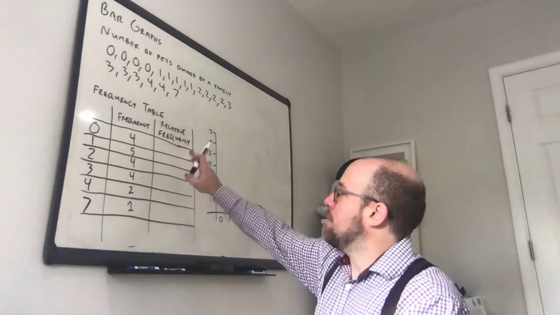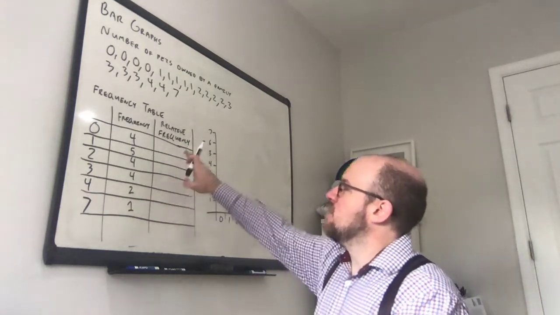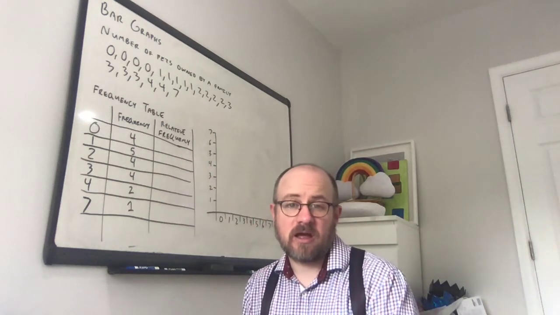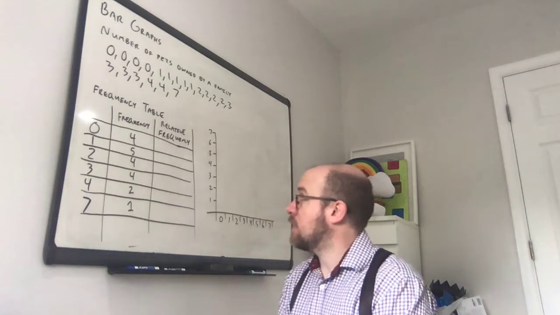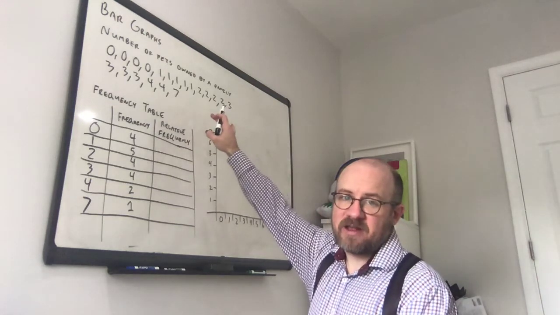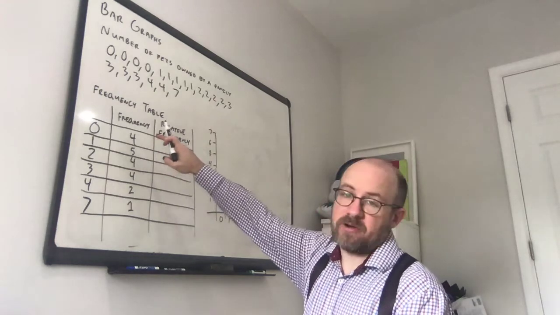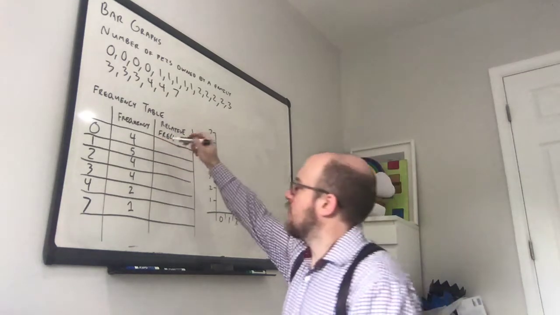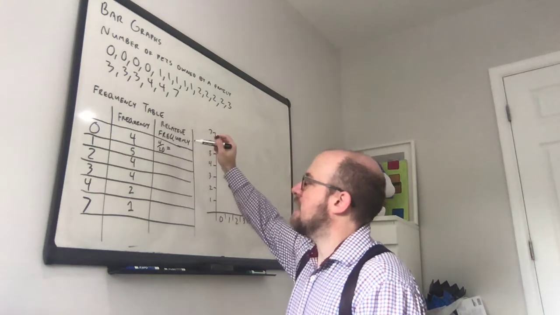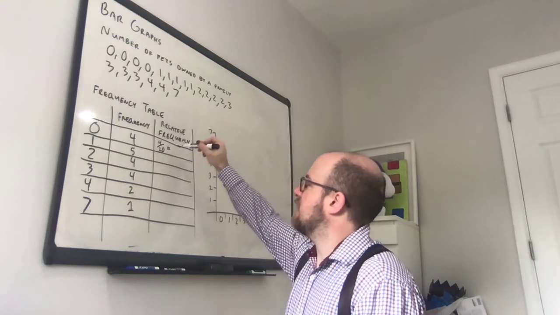So that's frequency. The relative frequency is just the percentage that each of these makes up. Okay? So for example, there are 20 different data values here, and 4 of them are zeros. So that means 4 out of 20, or if you make that into a percentage, that's 20%.